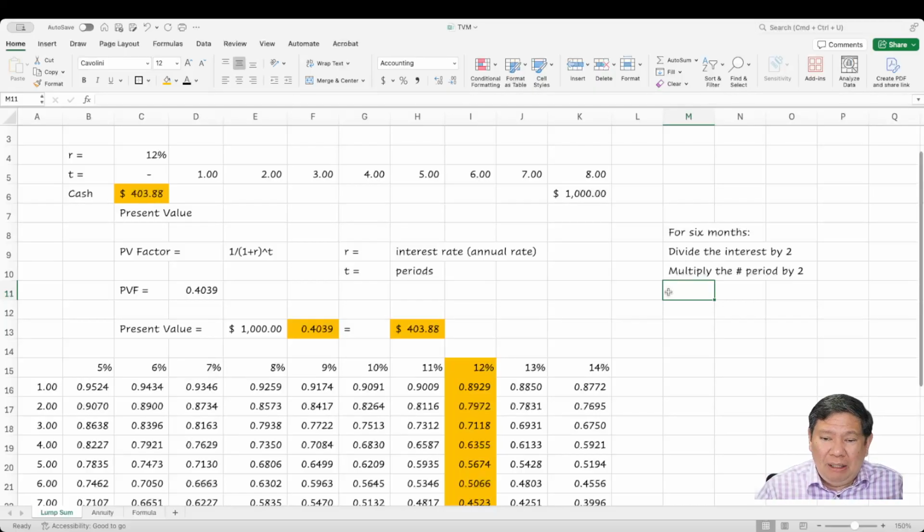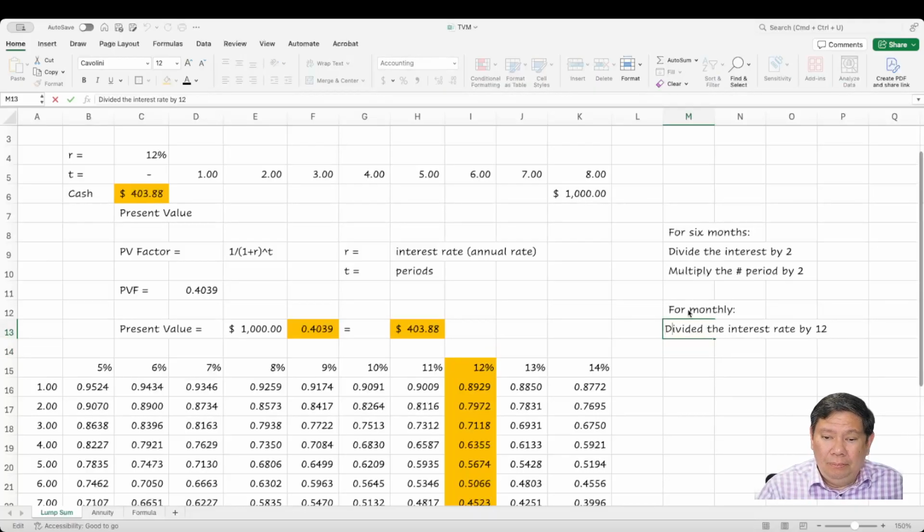For 6 months, okay. If you want to do monthly, you divide the interest rate by 12 and multiply the period by 12.